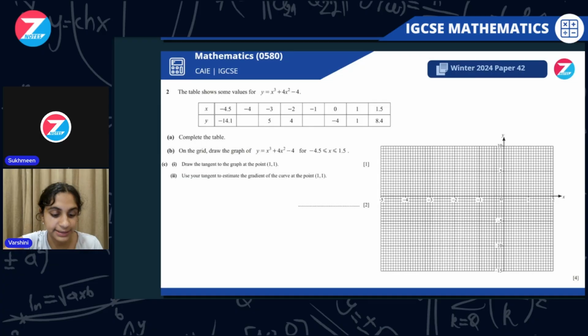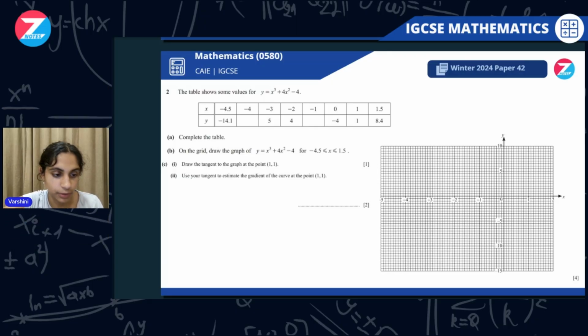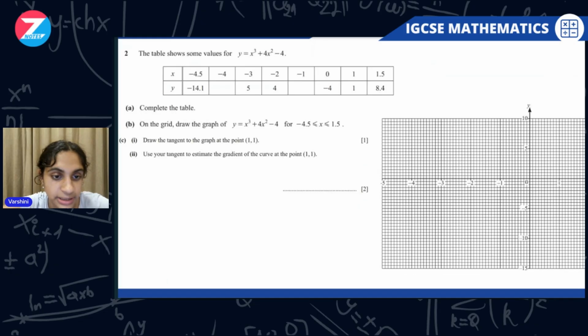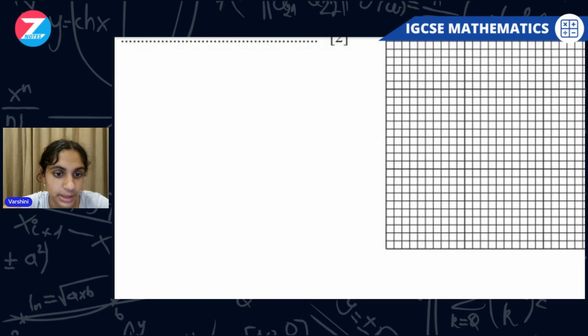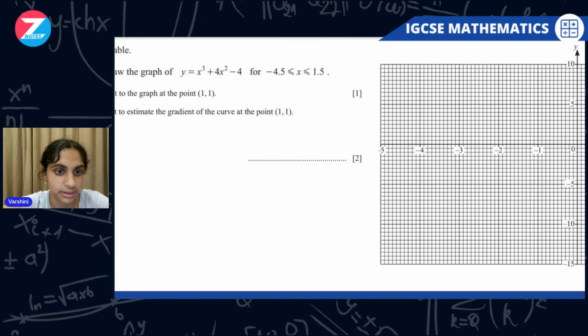And don't forget, the minus has to be inside the brackets when you do this. Whole cubed plus 4 into minus 4 whole squared, and again minus 4. So the answer is just minus 4, which we're just going to write over here.